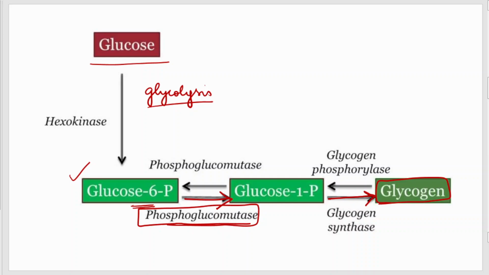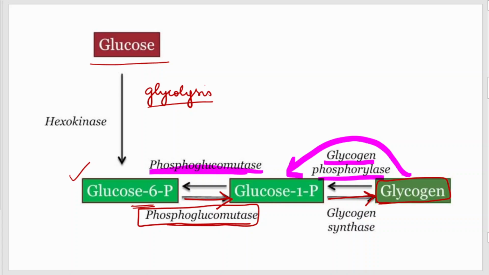Whereas glycogenolysis, what is glycogenolysis? From the glycogen molecules, glucose residues are removed as glucose 1-phosphate by the enzyme glycogen phosphorylase, and this glucose 1-phosphate can be converted to glucose 6-phosphate by phosphoglucomutase.